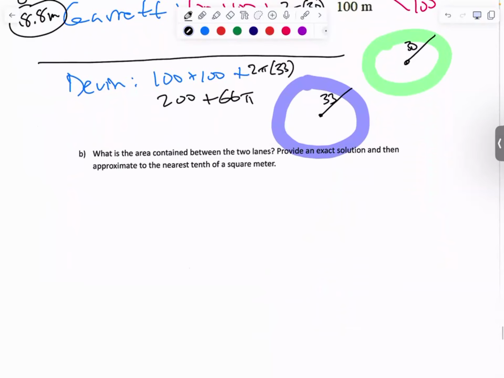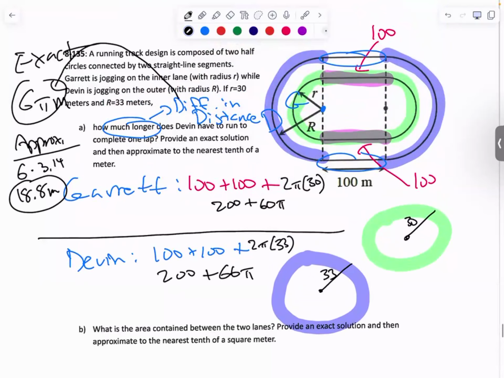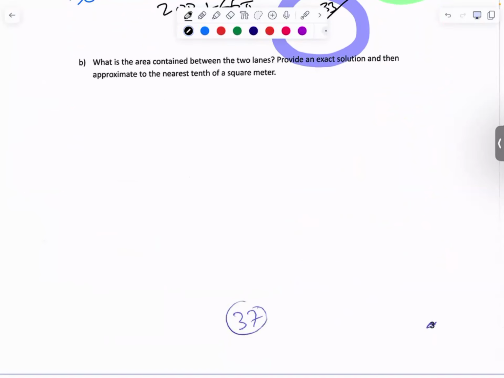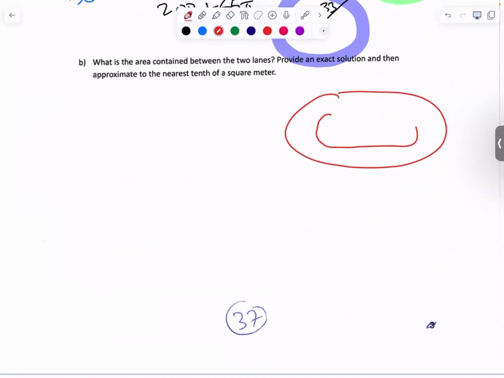Okay, next up. What is the area contained between the two ends? Now that's a little tricky. So I'm going to replicate the track again down here. You don't have to replicate if you don't want to. So we want this. You just get the area and subtract.